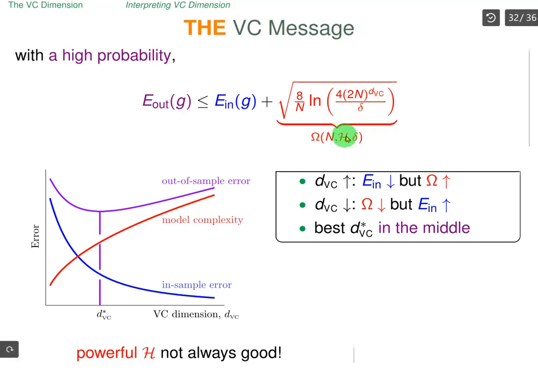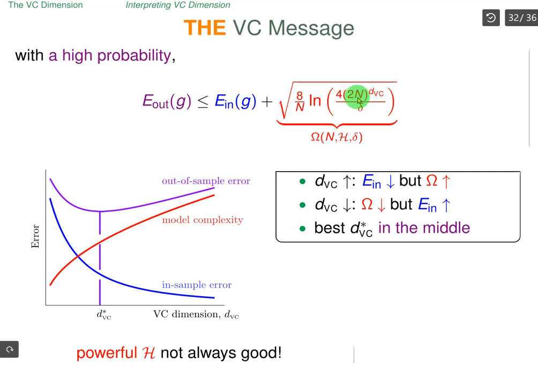H here corresponds to our hypothesis class, which in turn has its VC dimension parameter. N is the number of training examples. Delta is a user-defined value, similar to a tolerance. But we're interested in the interplay between the VC dimension, d_VC, and the in-sample and out-of-sample error, assuming that we have a sufficient amount of training data.